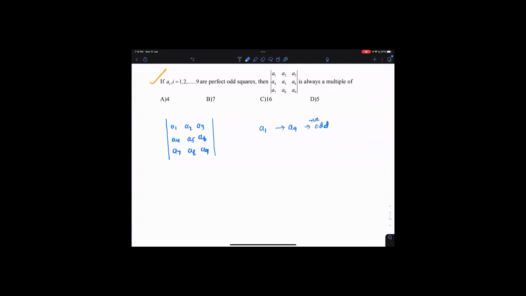It may be 11, 2173, anything. It is just given that it is odd. Every A1, A2, everything is odd. Then this determinant is always divisible by what number?